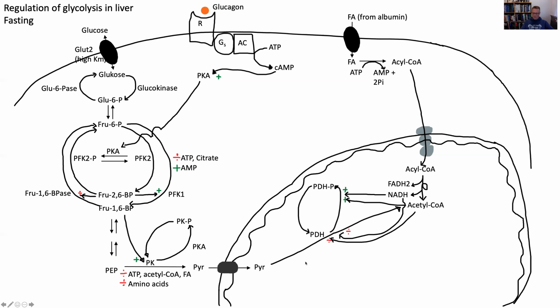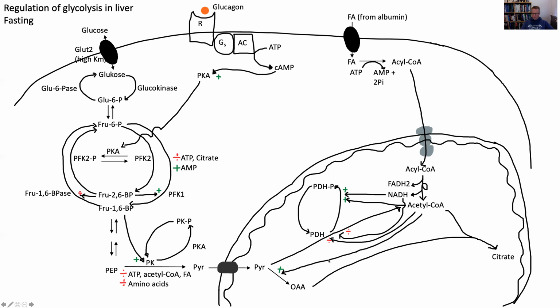So that will ensure that pyruvate is not converted to acetyl-CoA. And that is, of course, important, because pyruvate now can be converted to oxaloacetate. Also because acetyl-CoA from beta oxidation will activate pyruvate carboxylase, which of course will carboxylate pyruvate to oxaloacetate.